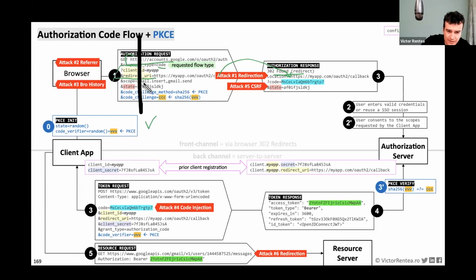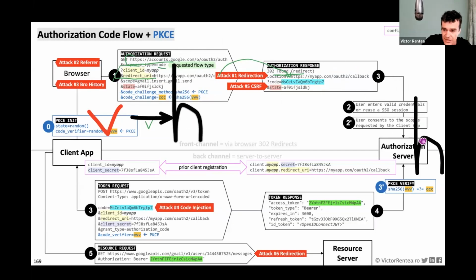So the key point here is that a hash moves from the client to the authorization server. The authorization server remembers that hash. There are two important things here: the random number, called the verifier, and the hash, which is derived from the verifier. The client app in the first request sends the hash to the authorization server, which keeps track of it.